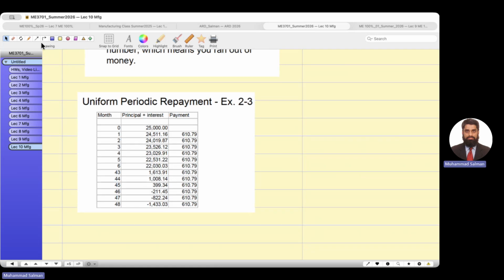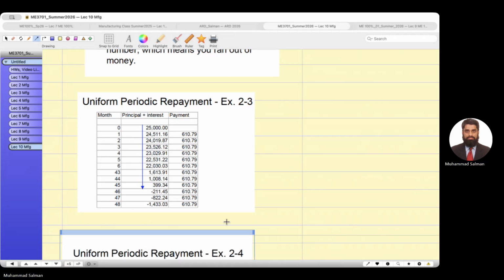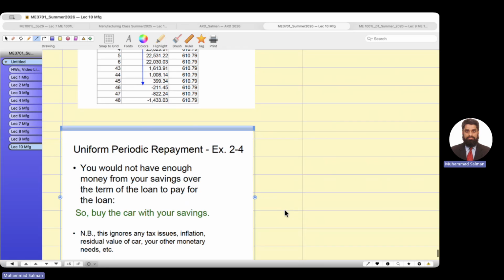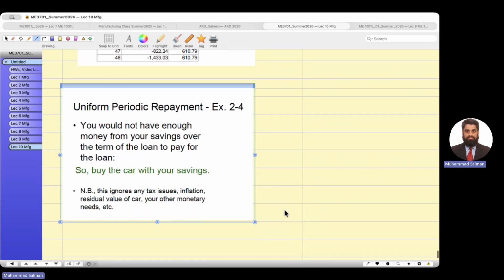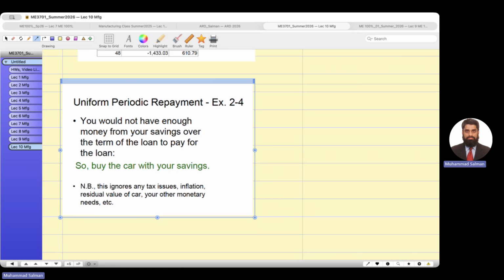The principal and interest keep on reducing. So you would not have enough money from your savings over the term of the loan to pay for it, so buy the car with your savings.